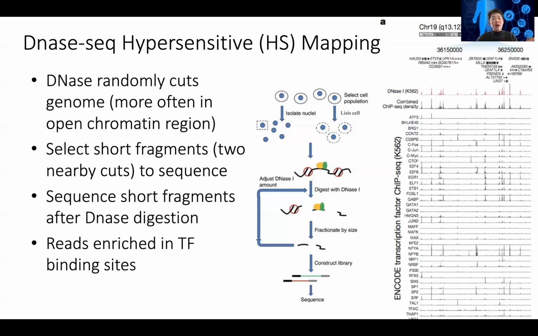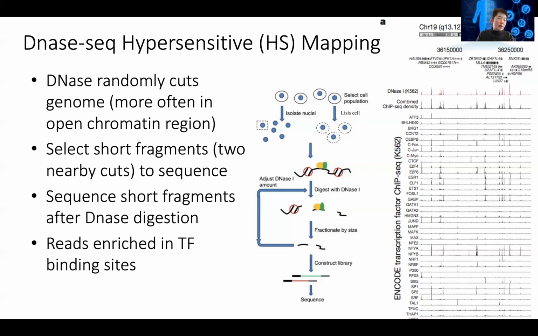nucleosome-free regions, histomark locations with K27 acetylation, these are open polymerase 2 regions, which are promoters or transcription start sites. And in those regions, it could be by chance DNase will make 2 cuts in nearby regions that are only maybe 50 base pairs or 200 base pairs apart.